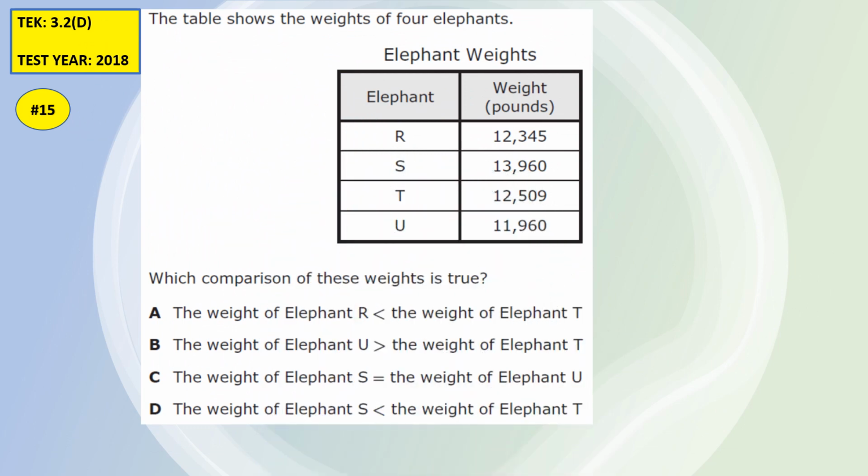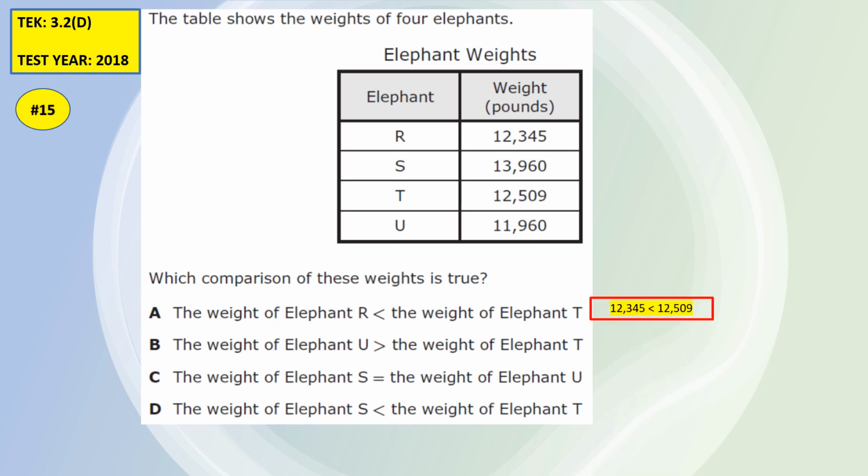Now let's go ahead and work on a solution. Again, it says the table shows the weights of 4 elephants. Which comparison of these weights is true? A says the weight of elephant R is less than the weight of elephant T. It's really useful to just write it out with the numbers and the comparison symbol.